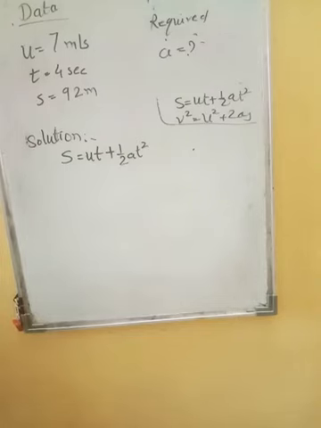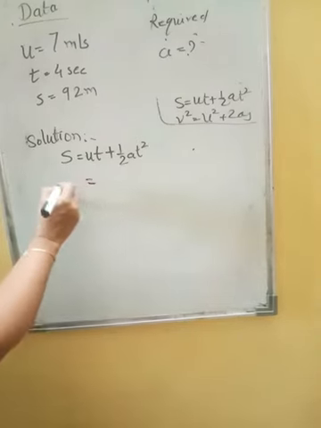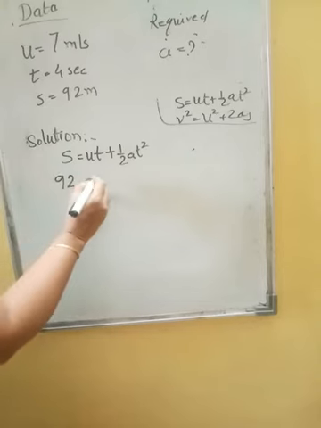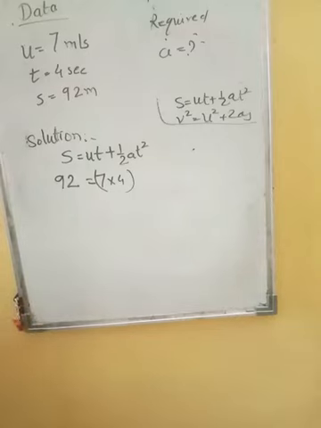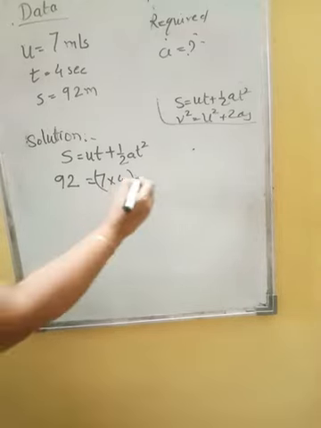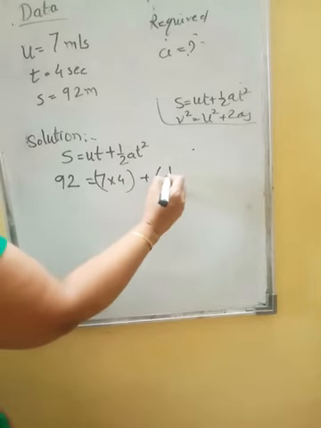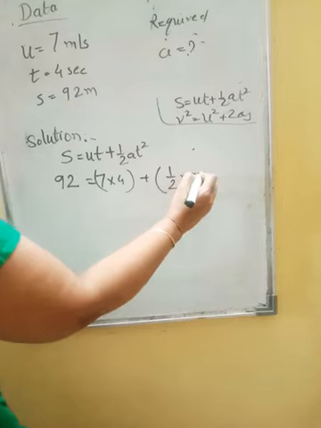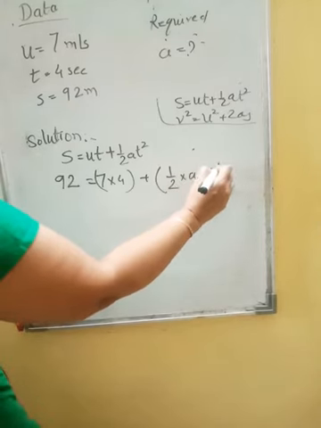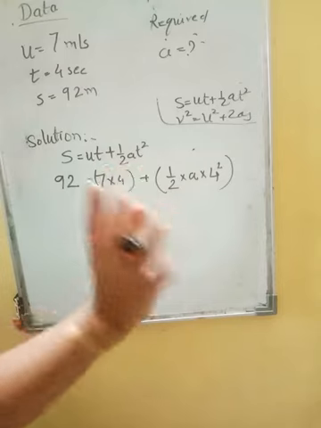After that, whatever known things are there, please substitute. So 92 is equal to 7 into 4. Please write it in a bracket because it is one term, ut. After that, plus. Then in a bracket, half. A you know, no, means we don't know. T square, yes, we write down 4 square. Please do not do any cancellation.